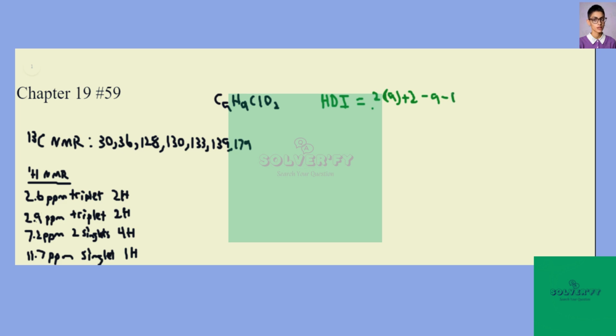We have 1 chlorine here. And all of that is over 2. So this comes out to 20 minus 10, or 10 over 2, which is equal to 5.